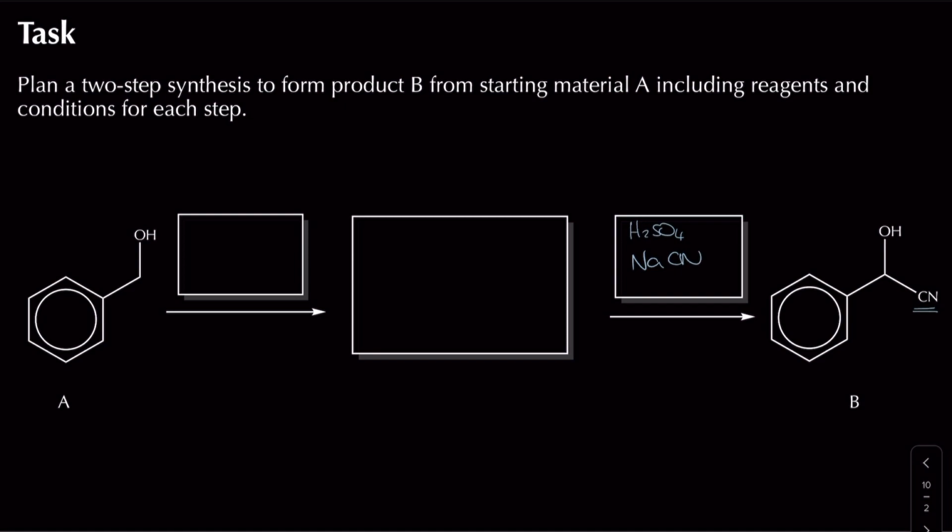Now, in order to actually form a hydroxynitrile, we must have had a carbon-oxygen double bond over here, bonded to our benzene ring, and in that case we must actually form benzaldehyde somehow. So in that case I should end up with the benzene ring, and a carbon-oxygen double bond is going to be on there as well.